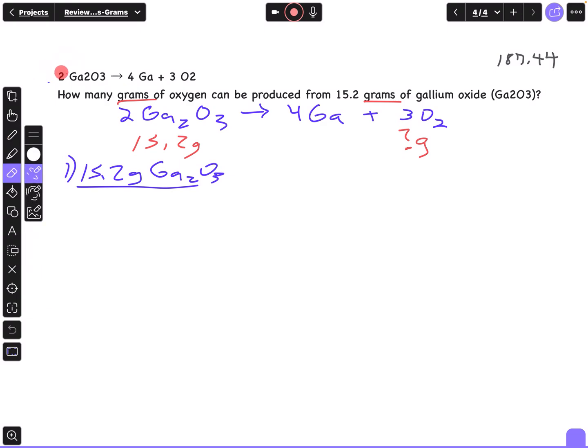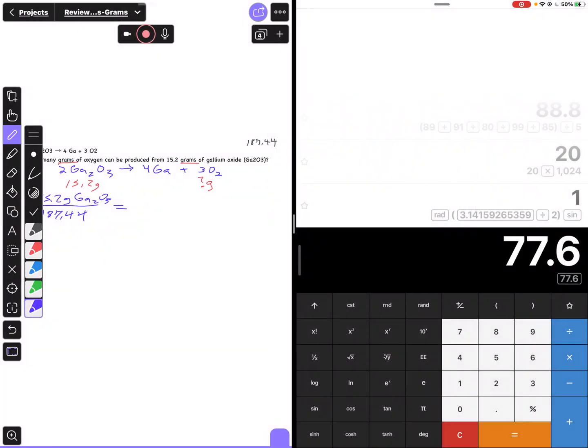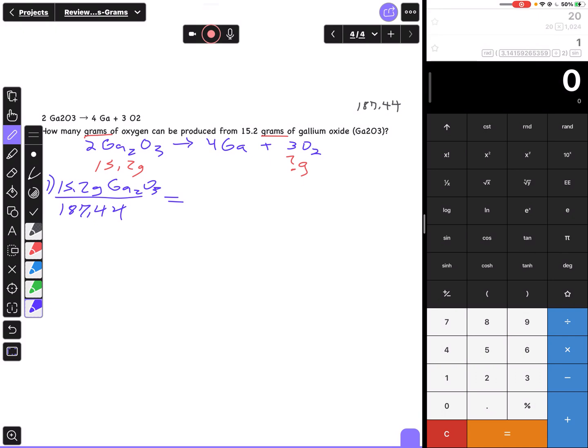So I don't look at it when I figure out my molar mass. My molar mass was 187.44. And I get 0.0810, so that is moles of Ga2O3.